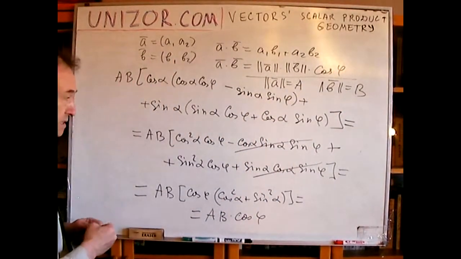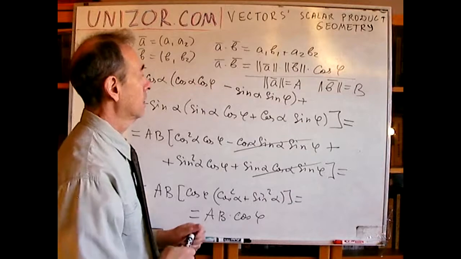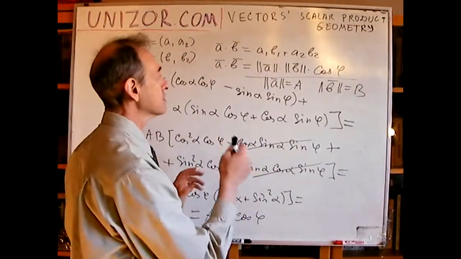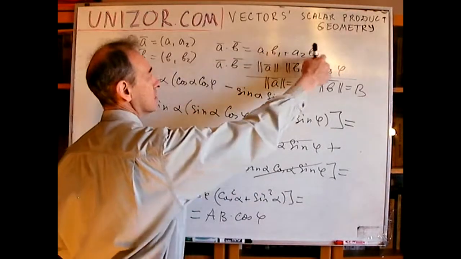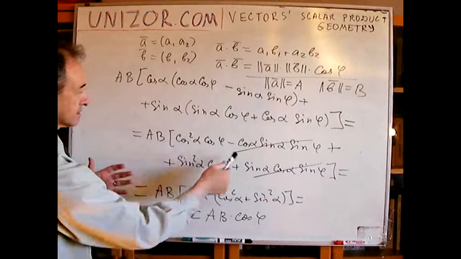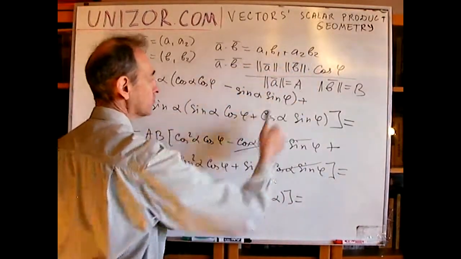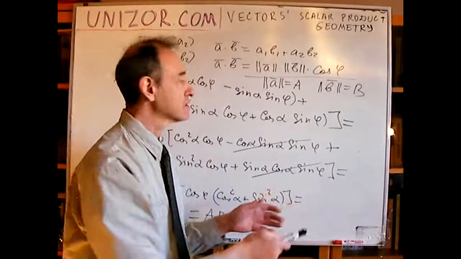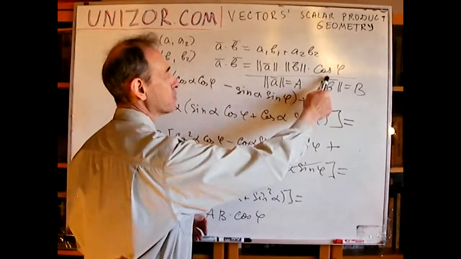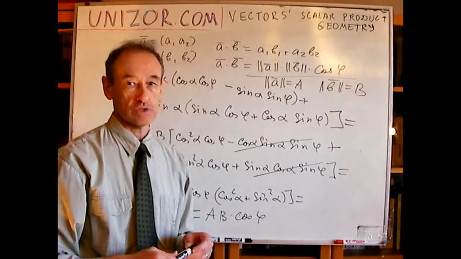So as you see, no matter how I position the coordinates, I can always express these coordinates in terms of lengths of the vectors and some angles, but after the manipulation, this particular formula basically gets rid of all these angles except one, the angle between the vectors, which is phi.